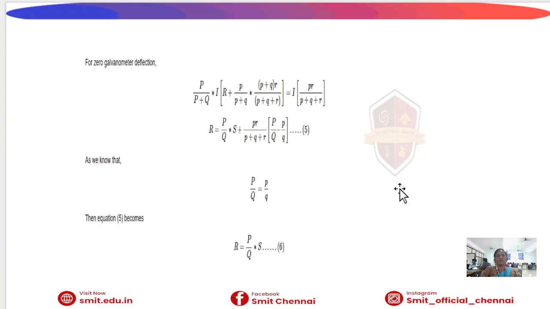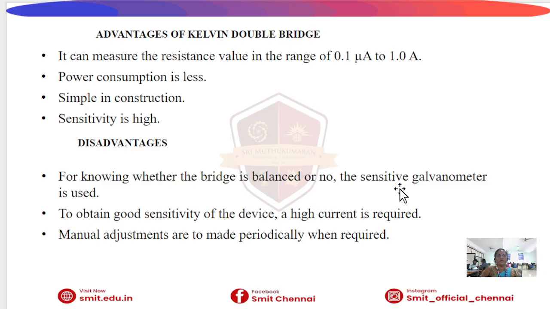So the equation simplifies to the final balance condition R equal to P by Q into S. This shows that the unknown resistance R depends only on the known standard resistance S and the ratio of arms P and Q. Hence, the Kelvin double bridge provides very accurate measurement of low resistance independent of lead contact resistance.